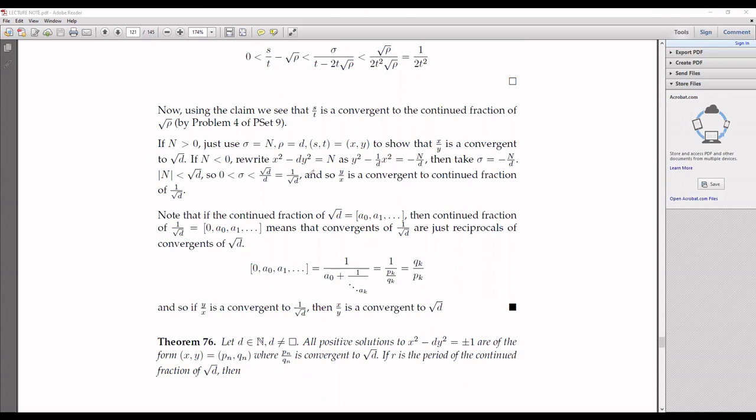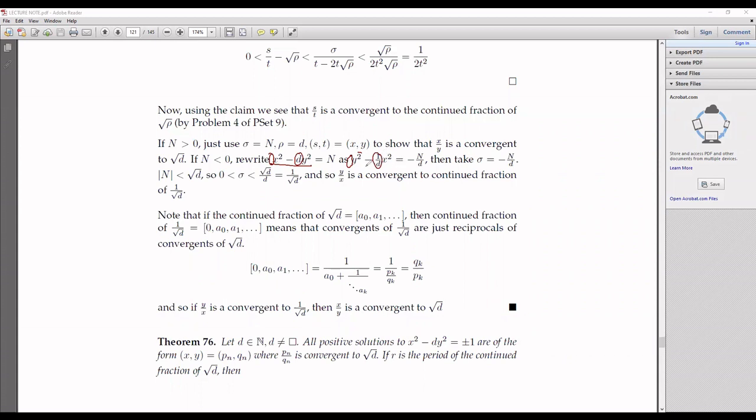If n is negative, we can just rewrite this equation, multiply both sides by negative so that the right hand side becomes a positive integer. And then here we have coefficient 1 and we have coefficient d. So here we must have coefficient 1 and here we must have some coefficient not equal to 1.